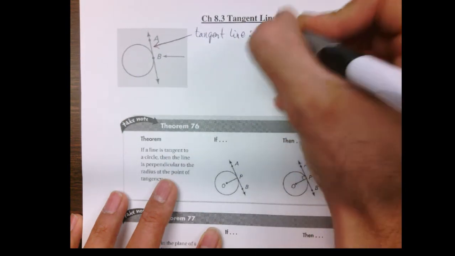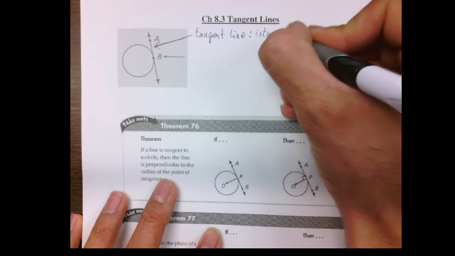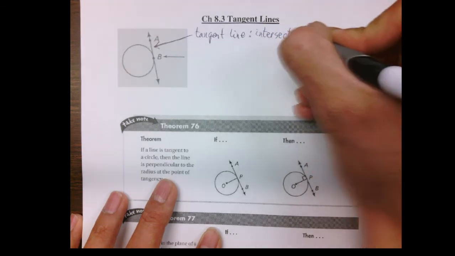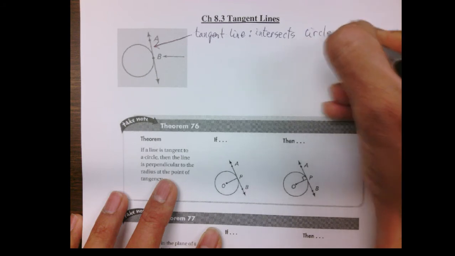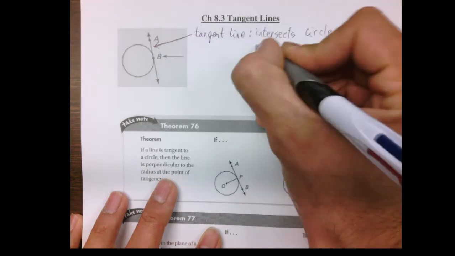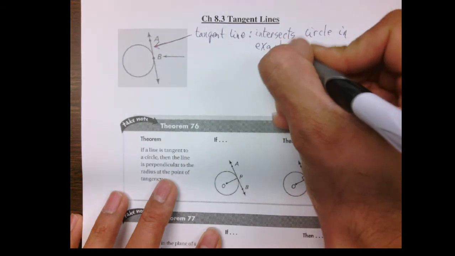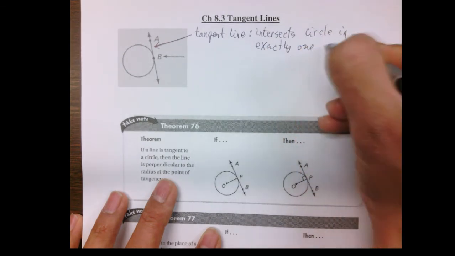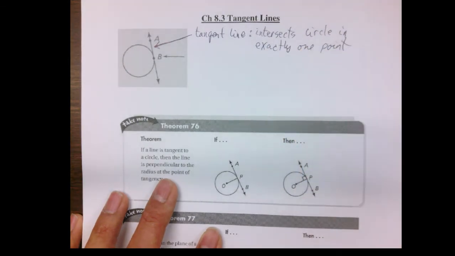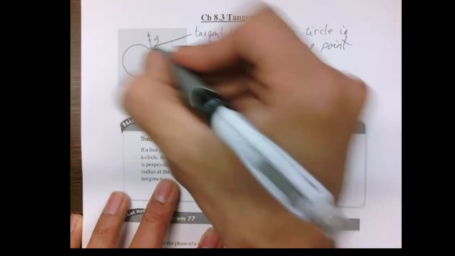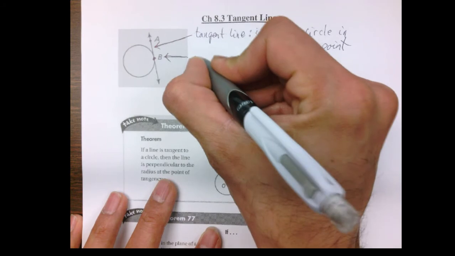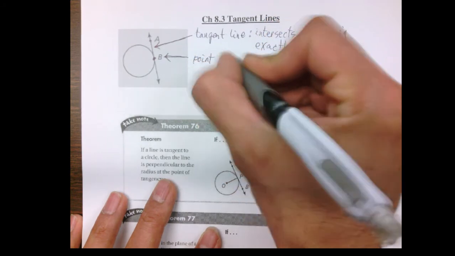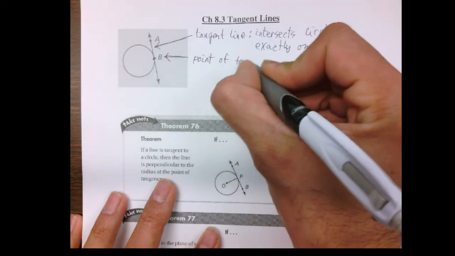So I'll just quickly define it as a line that intersects the circle in exactly 1 point. And that point where it intersects the circle, we call the point of tangency.